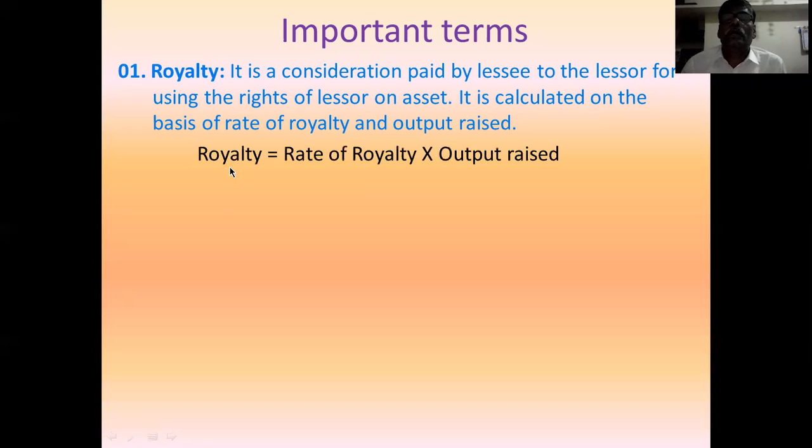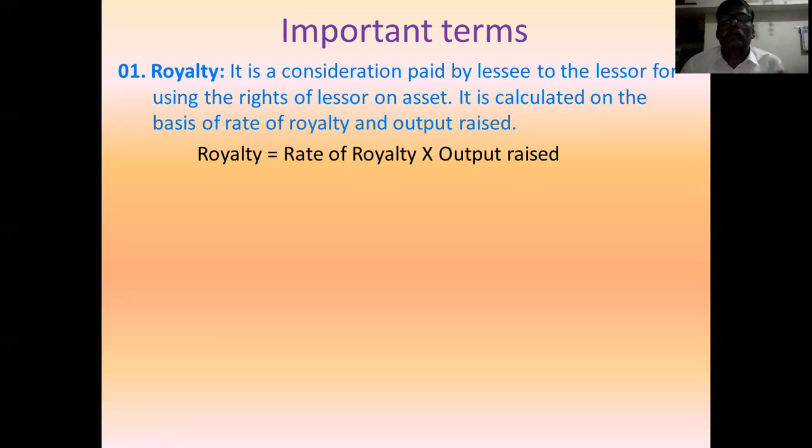So royalty is calculated on the basis of the following equation: royalty is equal to rate of royalty into output raised. For example, as per agreement, royalty is rupees 100 per ton of mineral raised from the breadth of the earth.